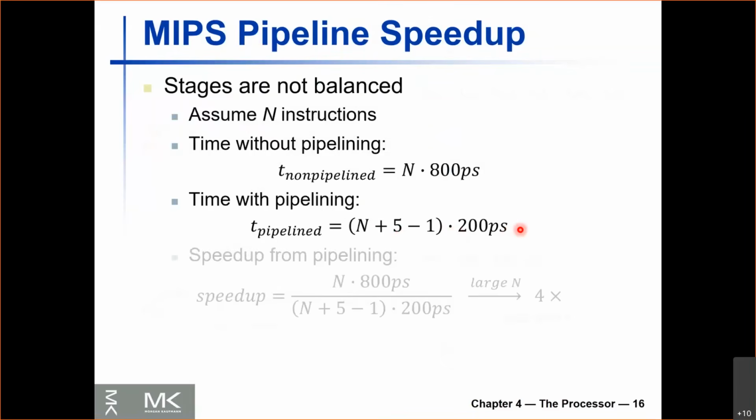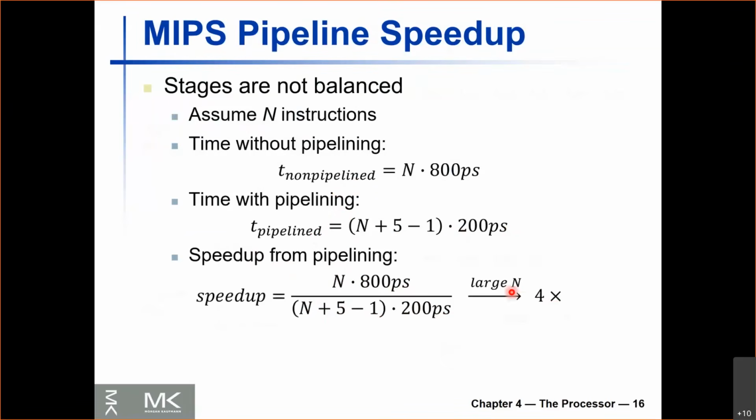So the speedup is going to be the non-pipeline time over the pipeline time, so n times 800 over n plus 5 minus 1 times 200. When n is very large, the 5 minus 1 becomes negligible, so we just eliminate n and n from up and down, and we get 800 over 200, which is 4x.